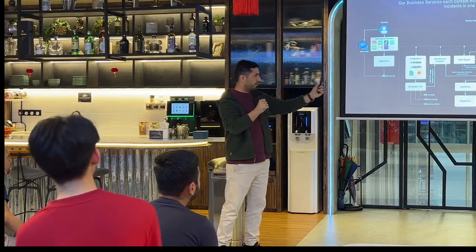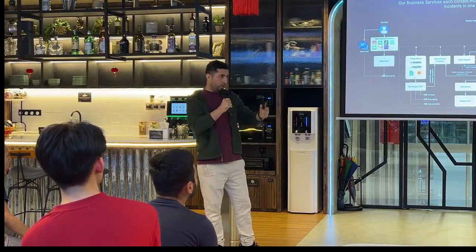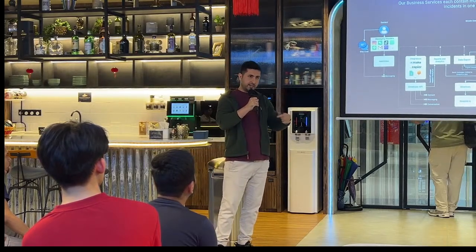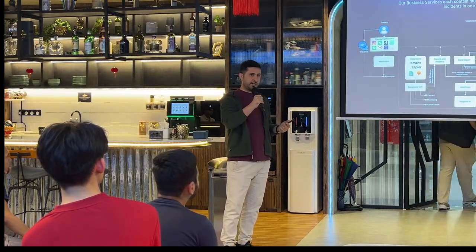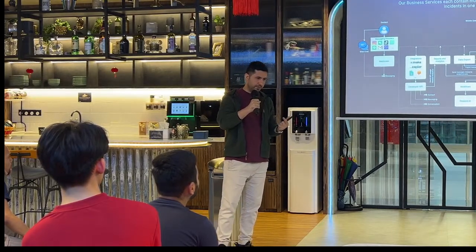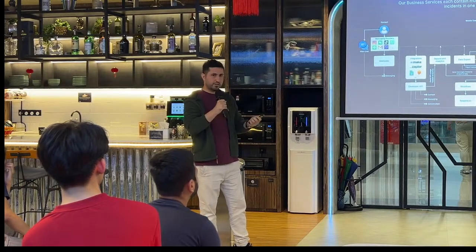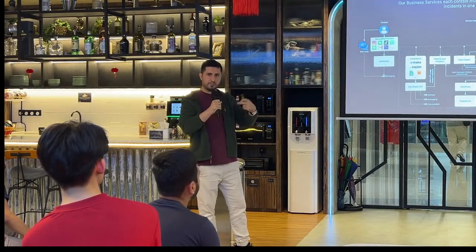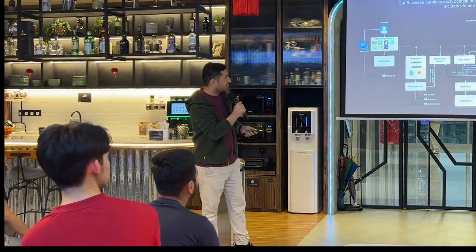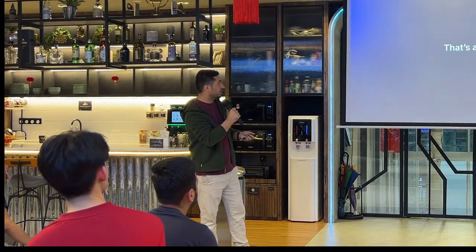We have a custom-built virus scanning solution. All the files uploaded by the user go to S3, and then we scan them ourselves using Avast antivirus. I forgot the metrics for that, but a lot of files are being scanned. And then yes, that's pretty much it. Yeah, any questions?